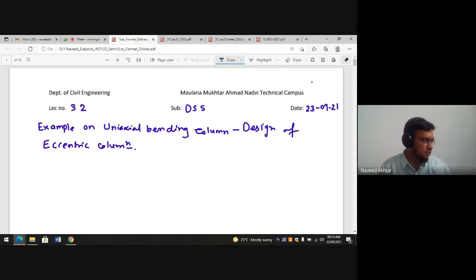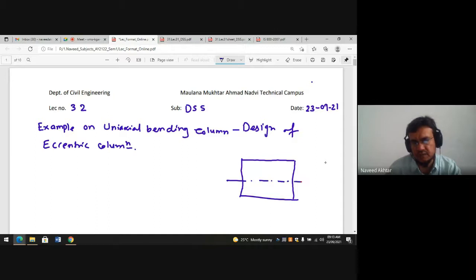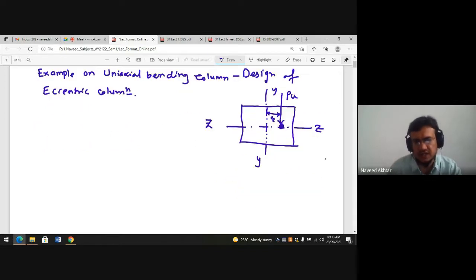If the eccentricity is about only one axis, then the column is termed a uni-eccentric column. If the eccentricity is about both axes, it is termed bi-eccentric. So this is the column, this is our major axis, the z axis, and this is the minor axis, the y axis. If the eccentricity of the loading is only in one direction, this is called uniaxial bending.